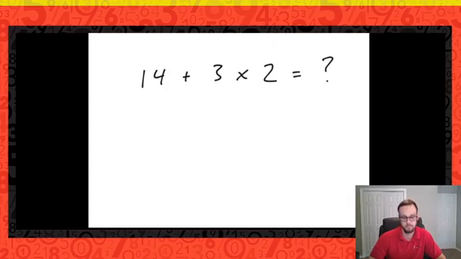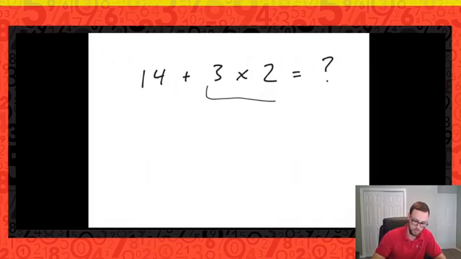So, if we're looking at this first problem here, what is the first thing that we're going to do? Remember what our rules were. We're going to do multiplication and division first, and then addition and subtraction second. So what's the first thing we're going to do here? Yeah, very good.